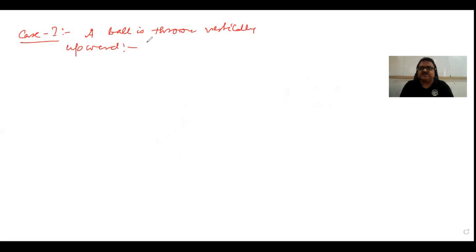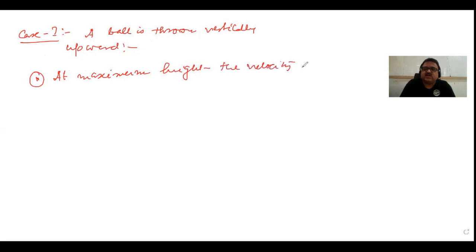As a result, as it goes up, its velocity slowly decreases. Correct? So you have to keep remembering some of the important facts. When anything goes up, at maximum height, the velocity of the ball is zero.